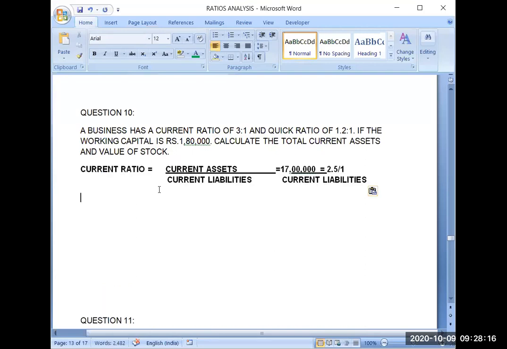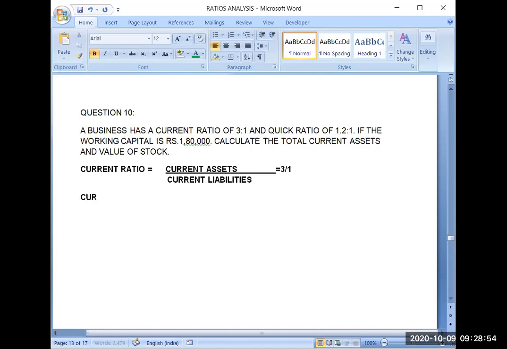Now current ratio is equal to current assets upon current liabilities, and that value is given to us. It is given 3/1. So now I will do the cross multiplication, and due to cross multiplication, current liabilities will be multiplied by 3 and current assets will be multiplied by 1.